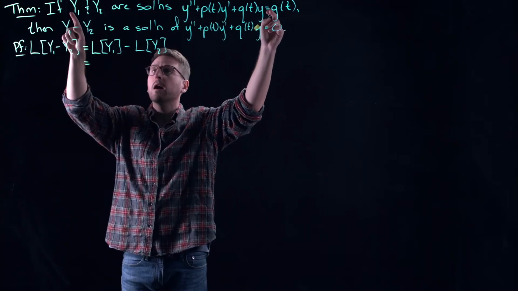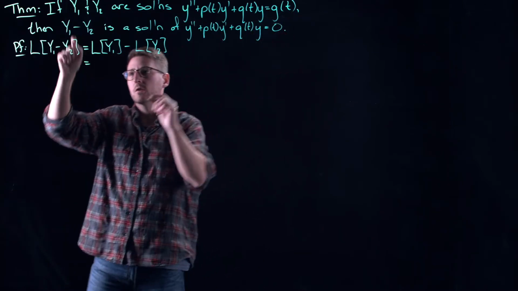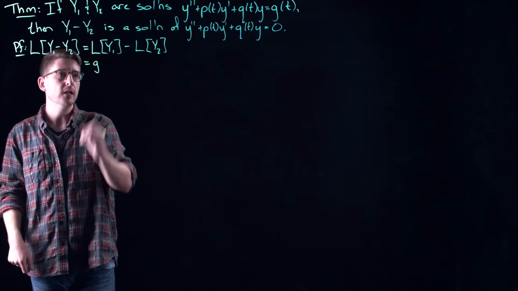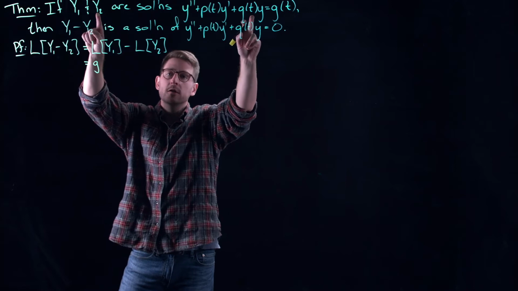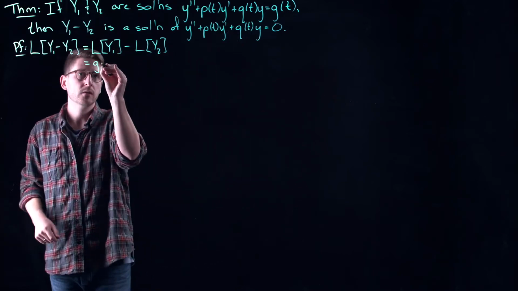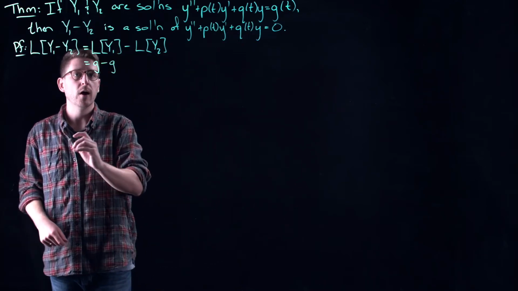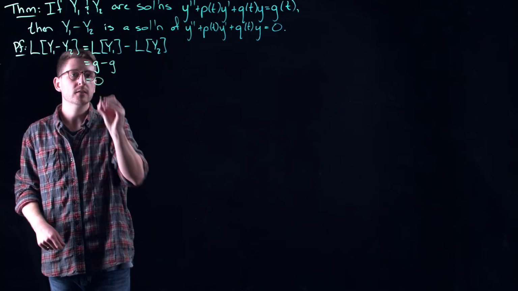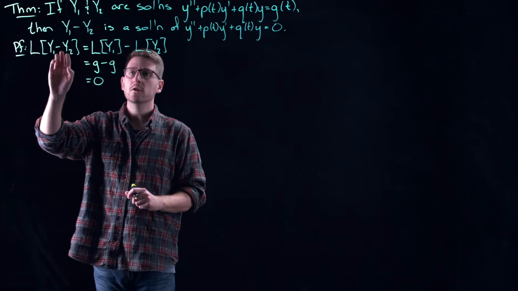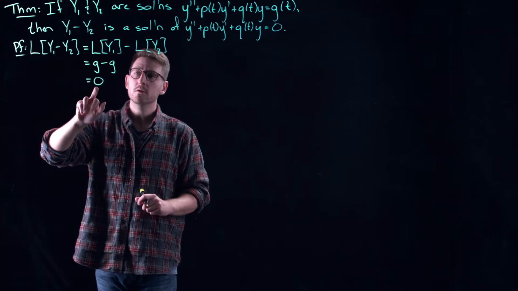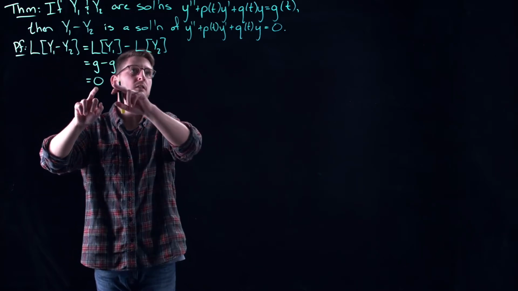And we know that y1 is a solution to the inhomogeneous equation. So this gives us g. But same thing, y2 is also a solution to the inhomogeneous equation. And that gives us g as well, which gives us 0. Which tells us that the differential equation evaluated at y1 minus y2 is equal to 0. That tells us that we have a solution.